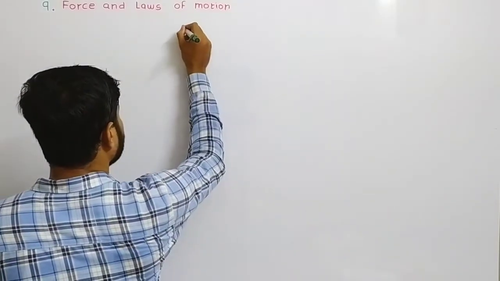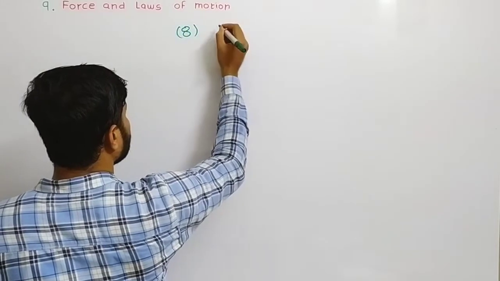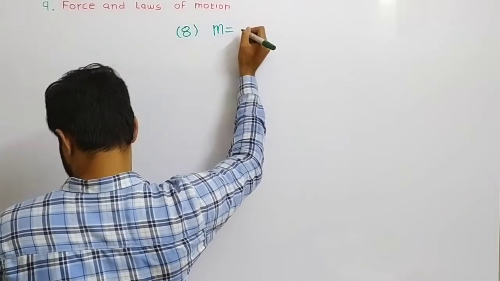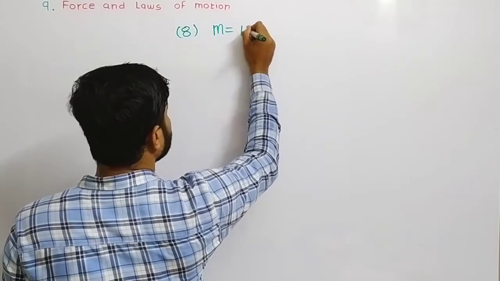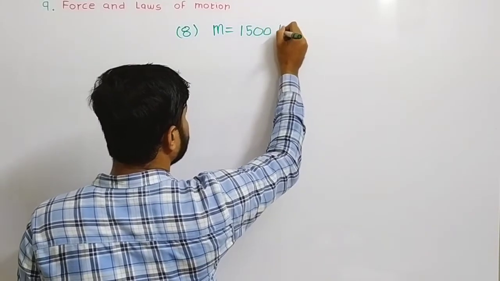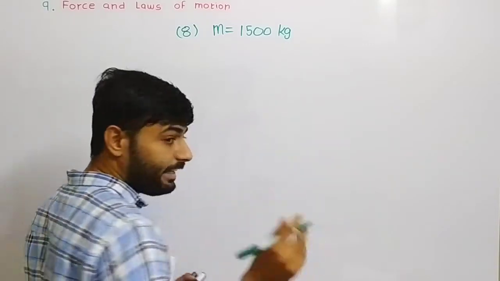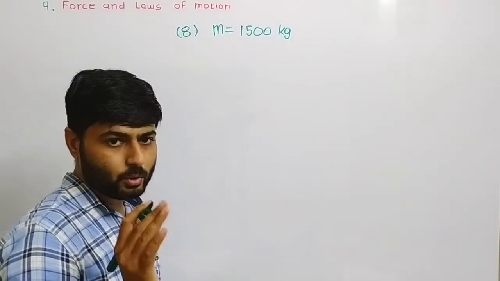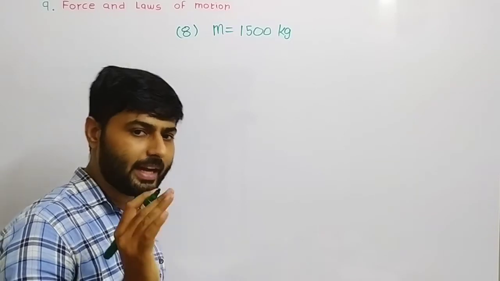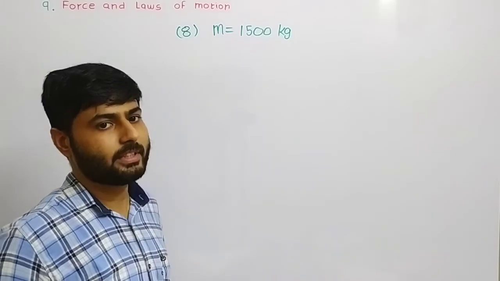Question number 8. Mass of vehicle is 1500 kg. Negative acceleration: to stop the vehicle, we have acceleration, but that is in the opposite direction.